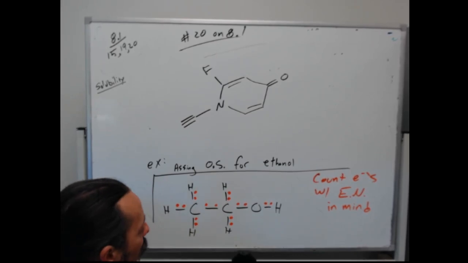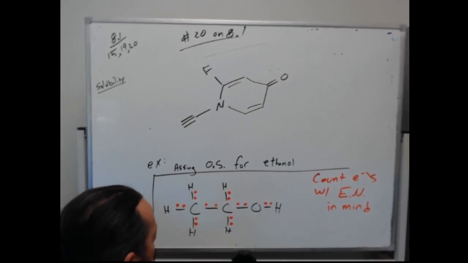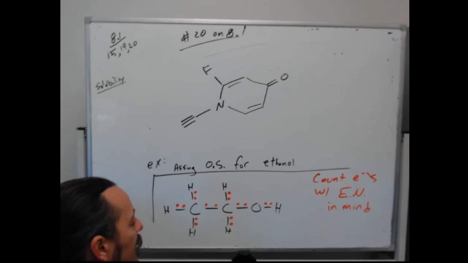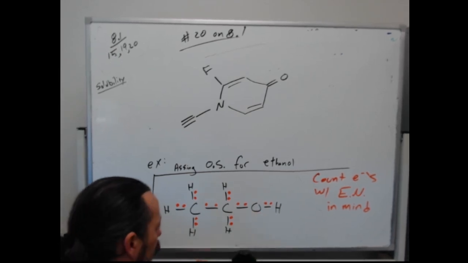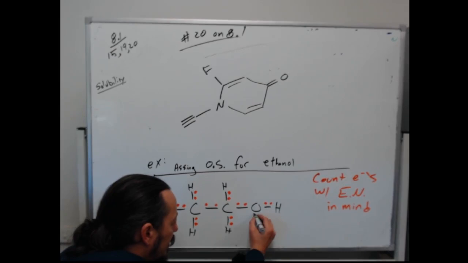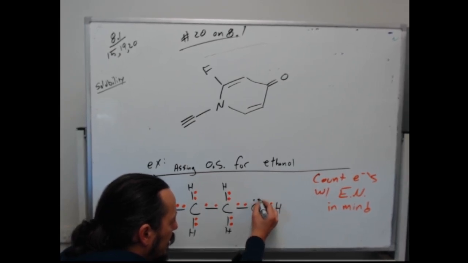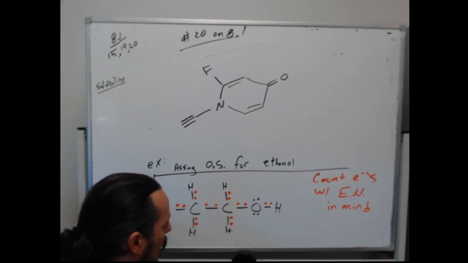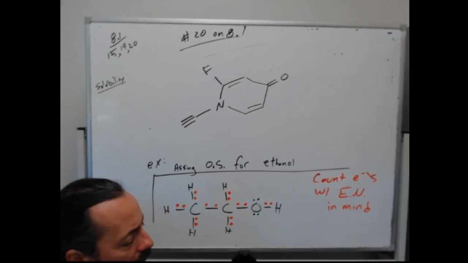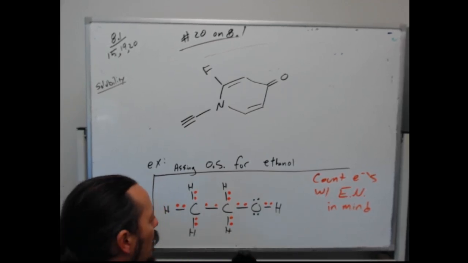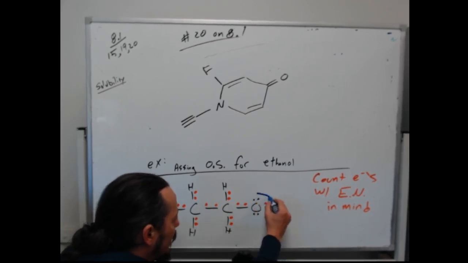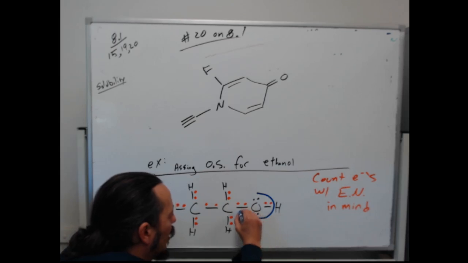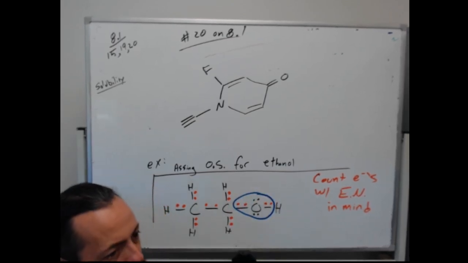Now for each atom, I have to look at it and say, okay, here's oxygen. Oxygen has lone pairs on it as well. That's important. Oxygen is more electronegative than carbon, and more electronegative than hydrogen. So when I consider its electrons, I will consider all of the electrons around it as belonging to it.